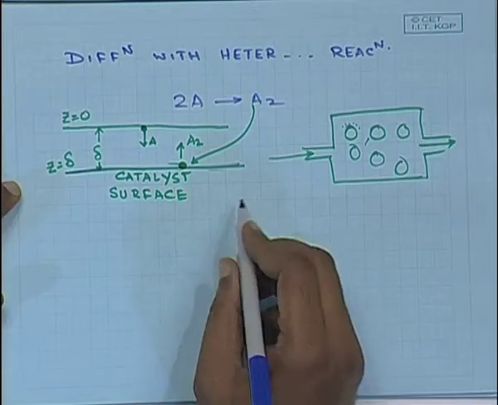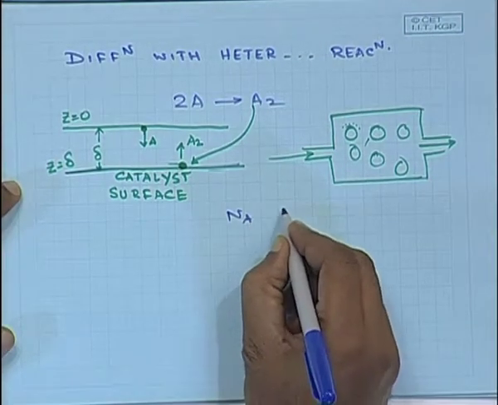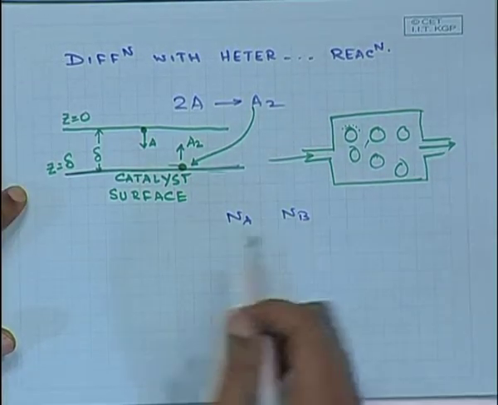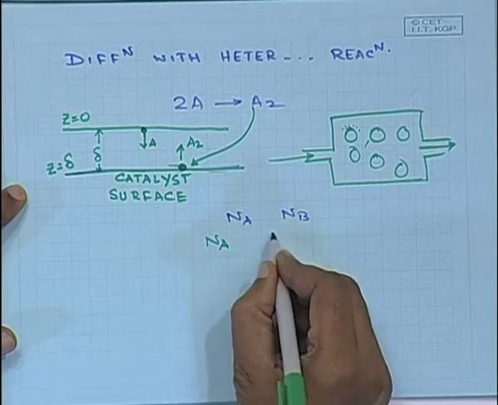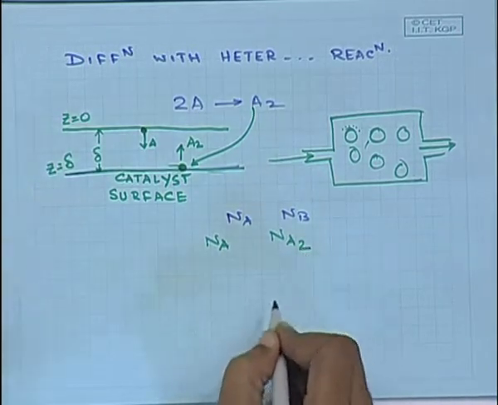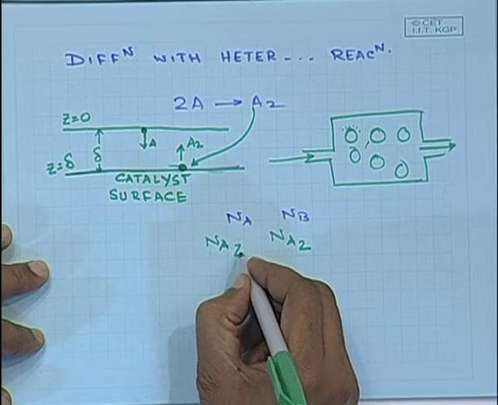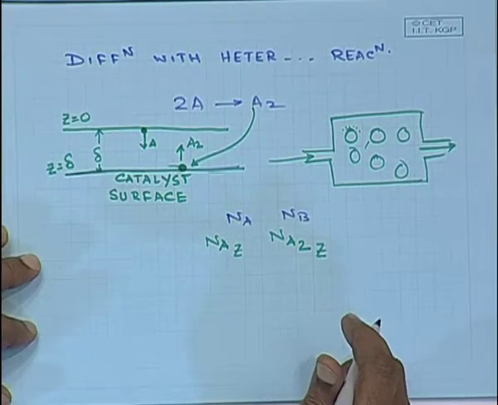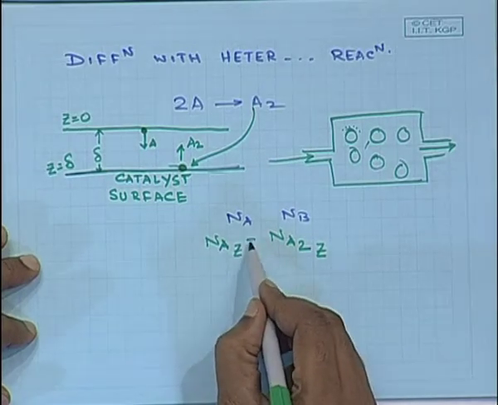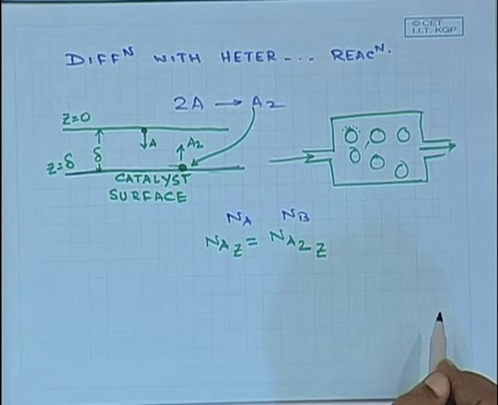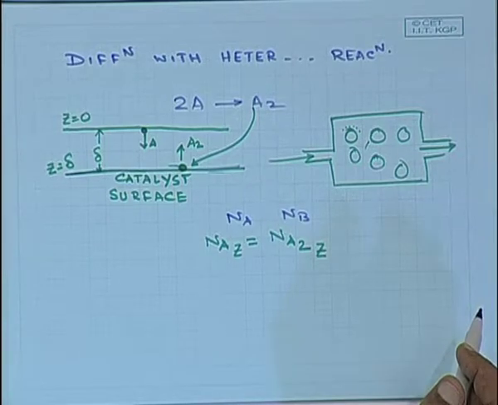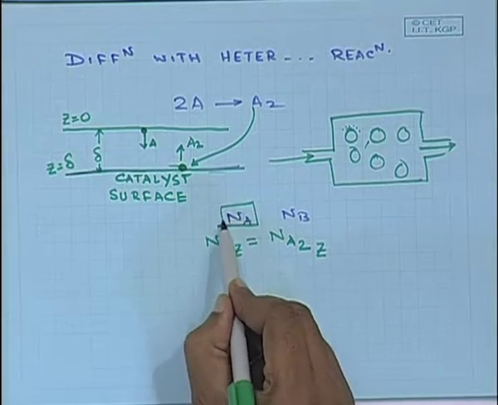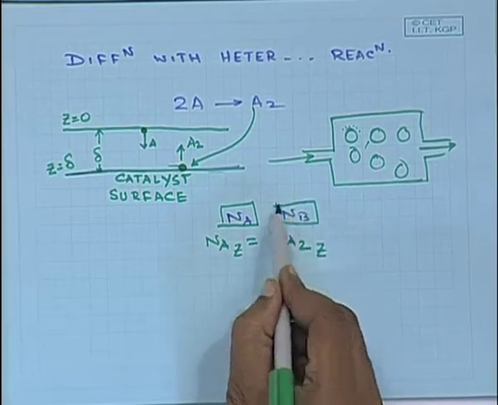Now, what can you see? Remember, we have to find out the relation between NA and NB. In this case, it is going to be between NA and NA2, both in the z direction. What would you say about the relation between the two in this case? My aim is to find a relation between these two.